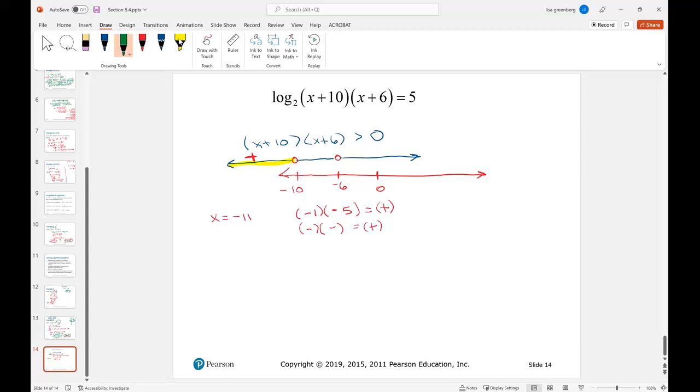Then let's pick some value in the next interval, which is between -10 and -6. So let's pick x equals -7. When I plug it into my equation, I get +3 times -1, or I can just say I have a positive times a negative.